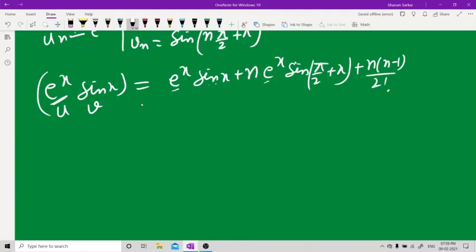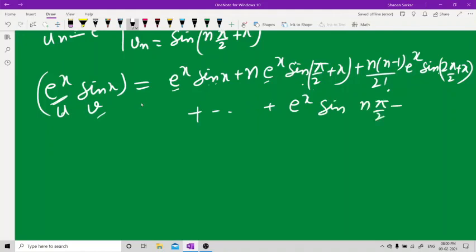This (n-2)th derivative is again this, and this is the second derivative of sine, which will be sine of 2 pi by 2 plus x, and so on and so forth. The last will be nCn, which is again 1. Then it is u, and the nth derivative of v, sine of n pi by 2 plus x.